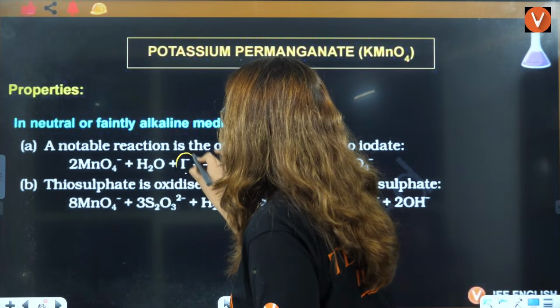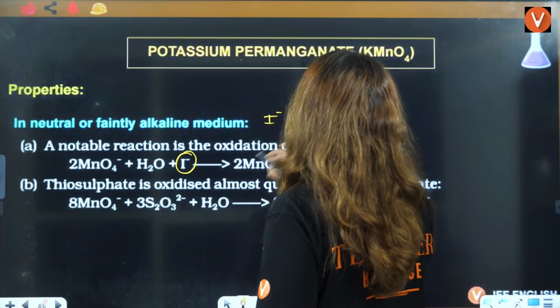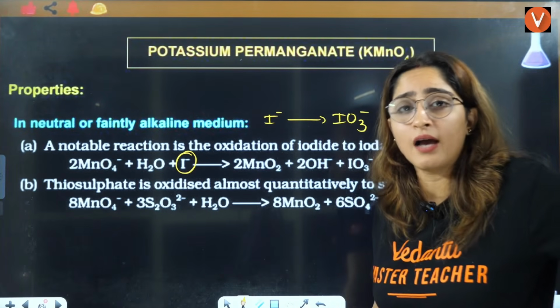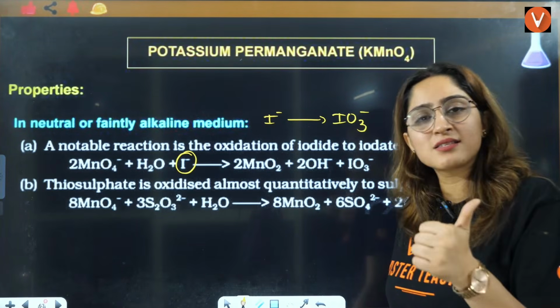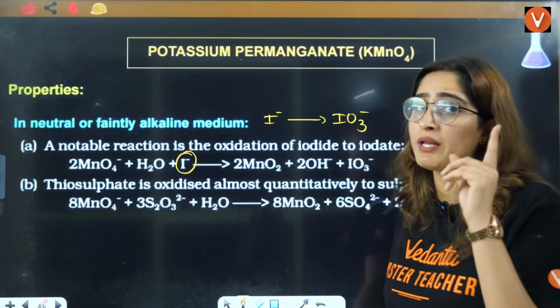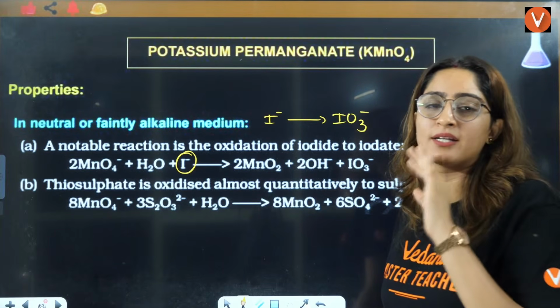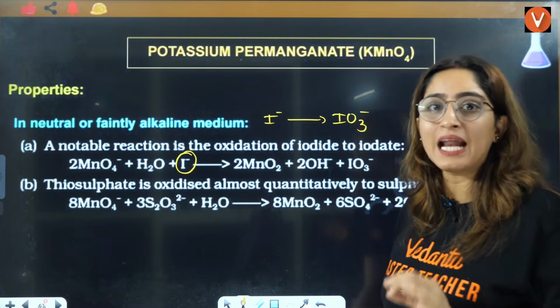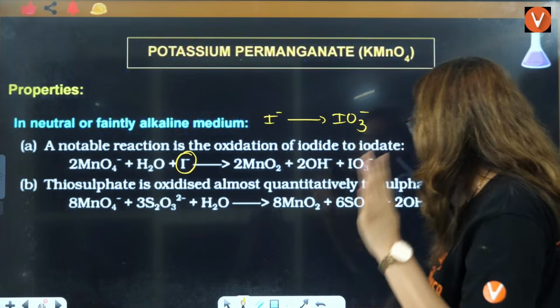Just remember that I negative is converted to IO3 negative. This is the question that they ask. I negative in acidic medium is directly converted to I2, in basic or alkaline medium it is converted to IO3 negative, that is the iodate ion.